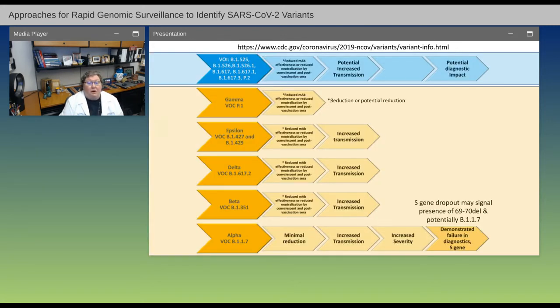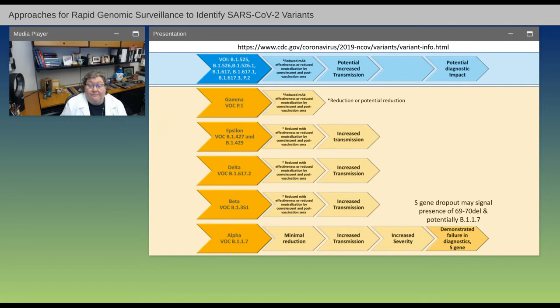These are the variants of concern, and these are the variants of interest, just listed for you so that you know what they are. The P1, the B.1.427 and 429, the Delta variant, which we hear about in the news from India, the Beta, and the Alpha.